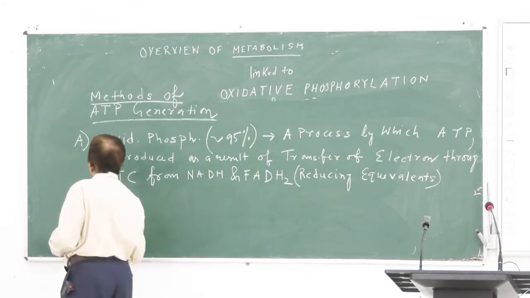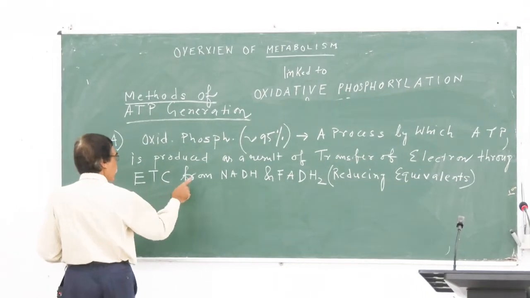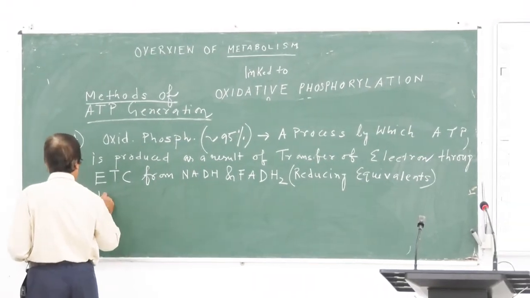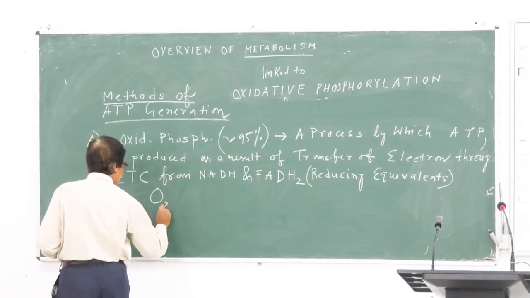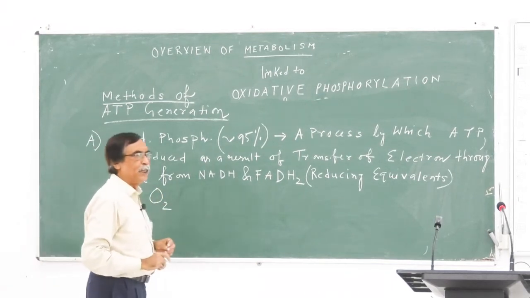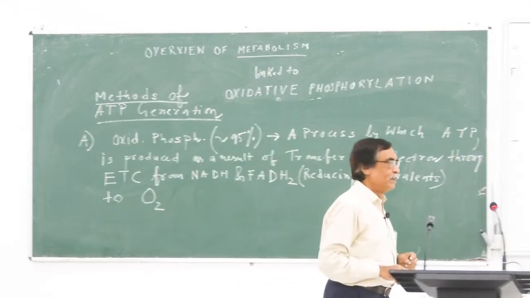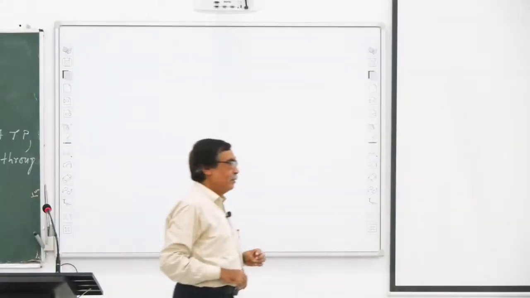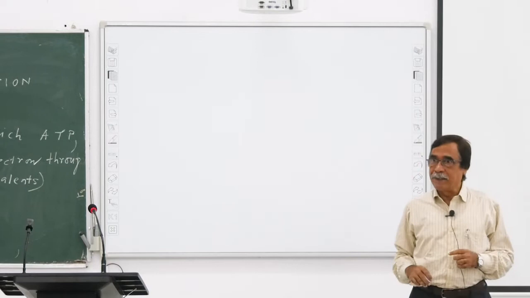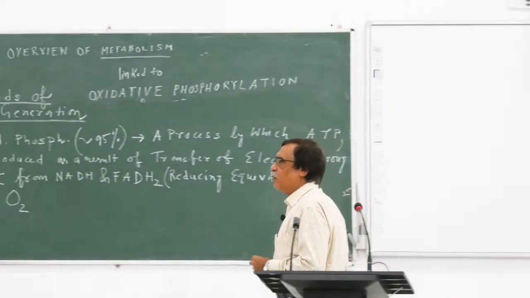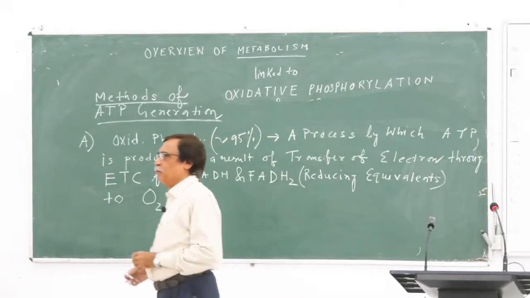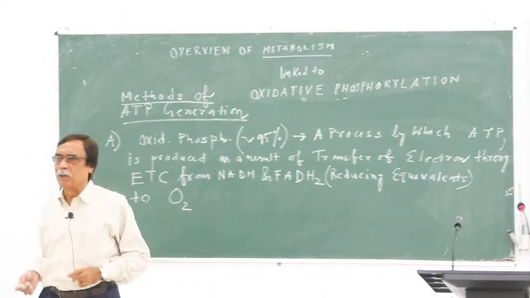Transfer of electrons takes place from NADH to oxygen, which is the ultimate acceptor of the electrons. Electrons are captured by oxygen, and oxygen itself gets reduced by capturing electrons.